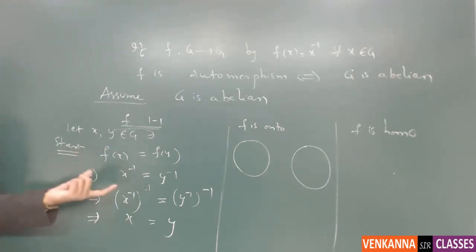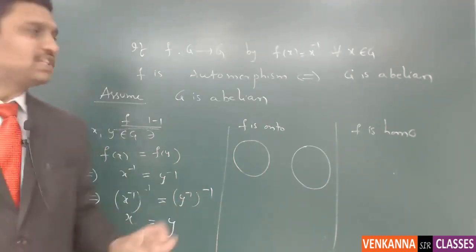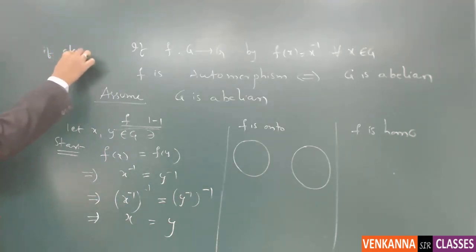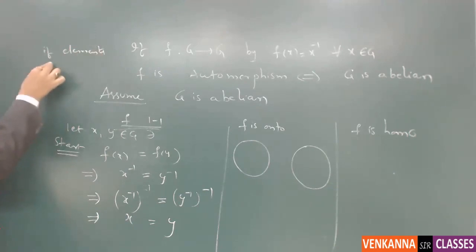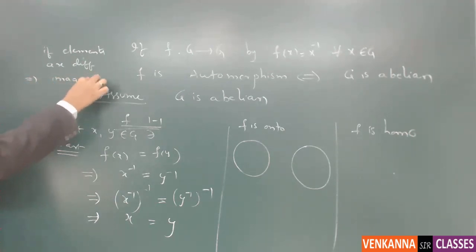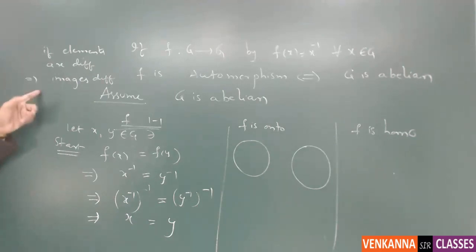How do we prove one-one function? The definition is, if elements are different, then images are different. Actually, this is the definition. So how are we going to prove that?